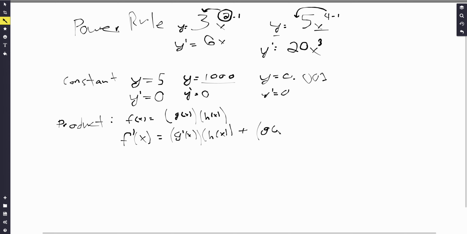Multiplied by g of x times h prime of x. Notice how in the first part it's g prime of x and normal h of x, but in the second part, it's h prime of x, but normal g of x. It alternates, basically. So the product rule basically allows us to find the derivative if two of the equations are being multiplied to one another. So make sure you guys have this rule memorized. And the next rule I'm going to go to is the quotient rule.